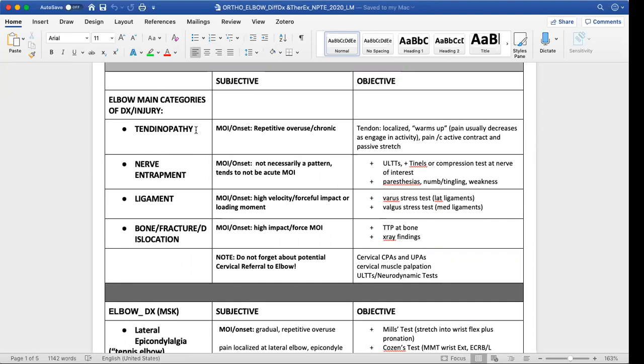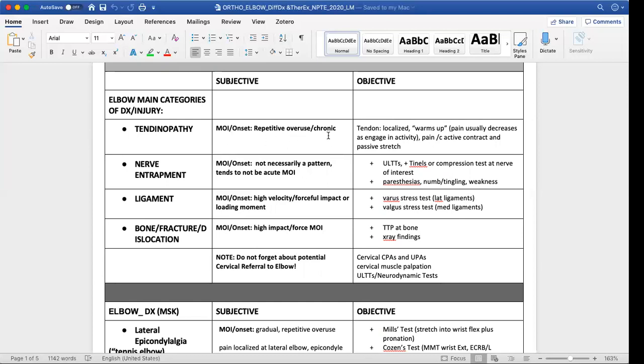A common subjective finding or mechanism of injury that is typically reported is repetitive overuse or repetitive motion type injuries. So repetitive gripping, repetitive typing, mousing, upper extremity use will commonly be described as contributing to these tendinopathies of the upper extremity.